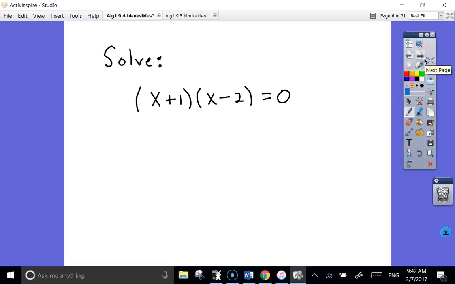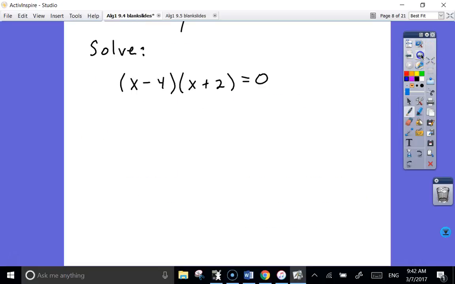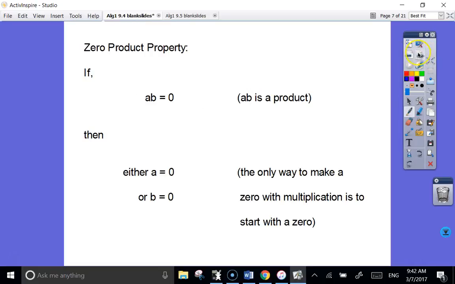Okay. So there is a property called the zero product property, which is on the next slide. The zero product property says that if you're multiplying two factors together and the product equals 0, then one of the factors has to be 0, meaning you can't take two numbers that don't include a 0 and get 0 as the product. You've got to start with a 0.